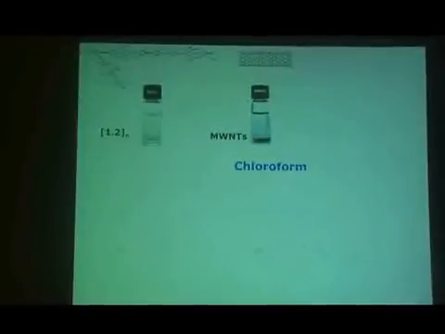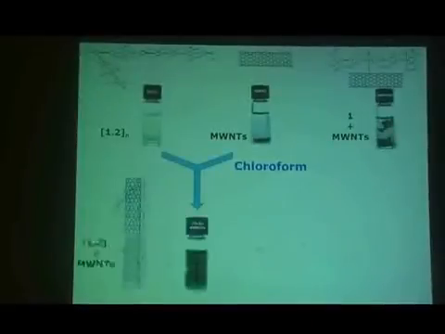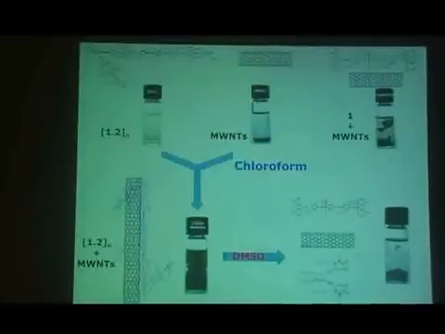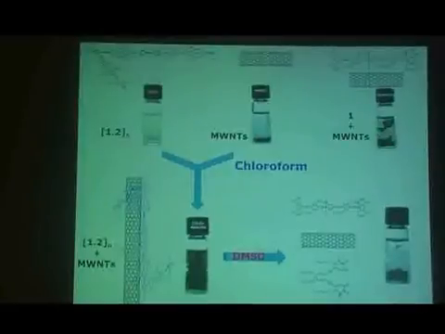But when we use it with our polymer, we can see that the carbon nanotube is completely dispersed into the system, and it is like any other system you can deal with. And then you can also break that interaction by adding a different solvent, which we call DMSO, and then you can precipitate out your carbon nanotube.